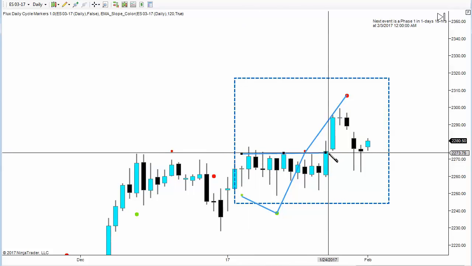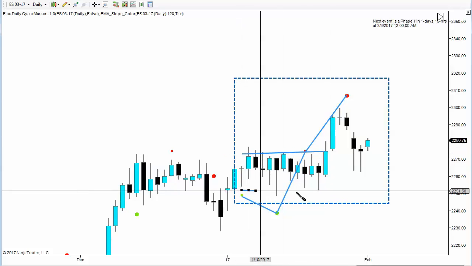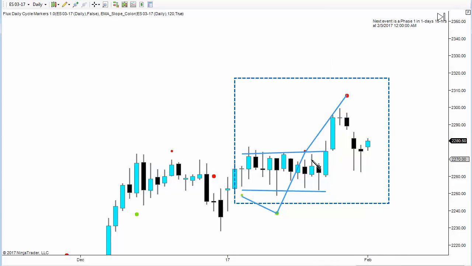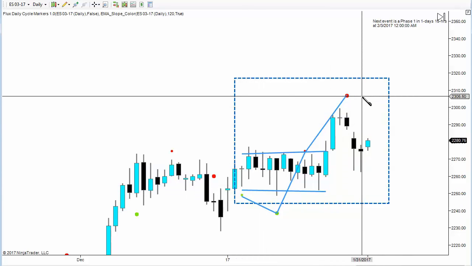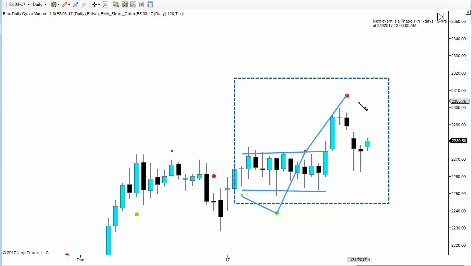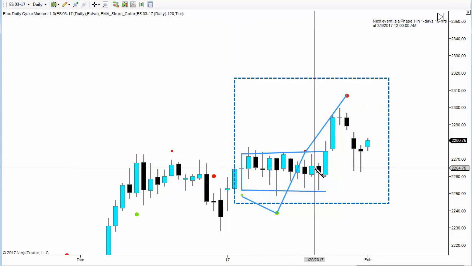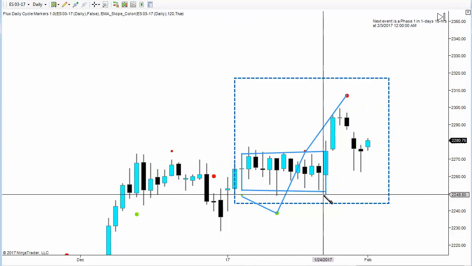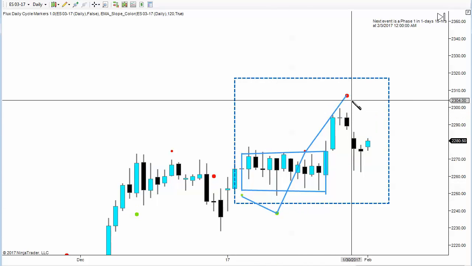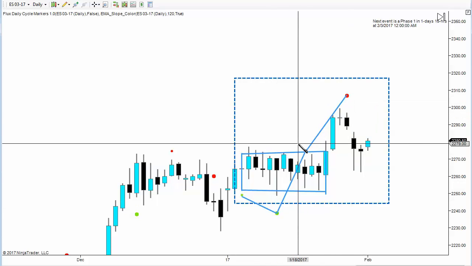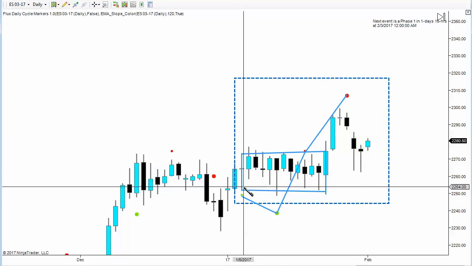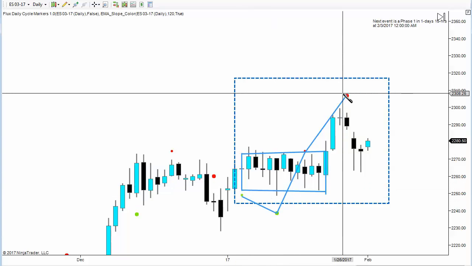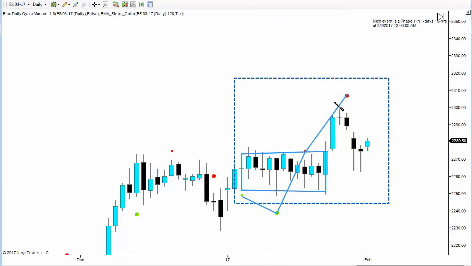I have a consolidation phase, and then I have a check mark through it. Everybody see that? I have a consolidation phase, and then I have this sort of check mark through it. Think of that like an election where you check off which candidate you want to elect. This is a pattern that I'm interested in.